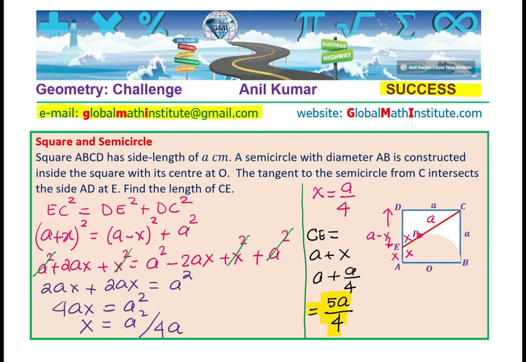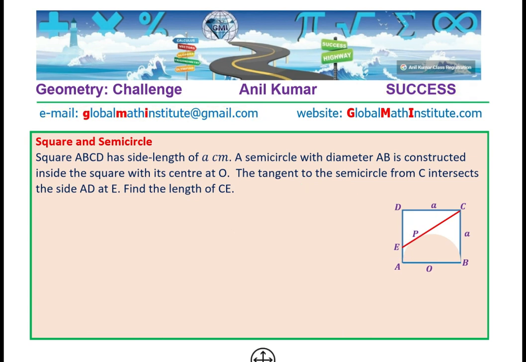Perfect. So I hope the concept is absolutely clear. So let's summarize what we did here. So we basically utilized the two tangents theorem. So it is an application of two tangents theorem.